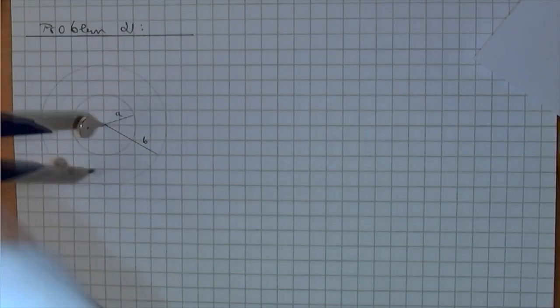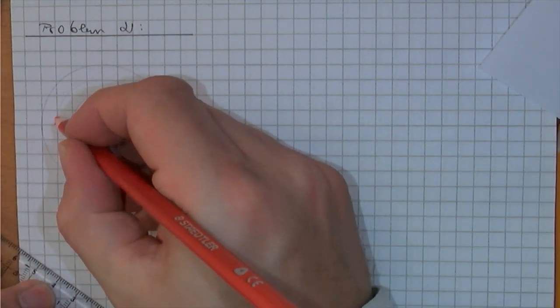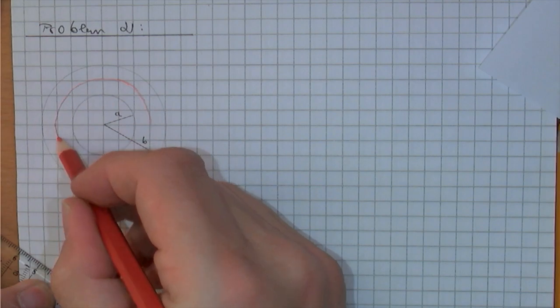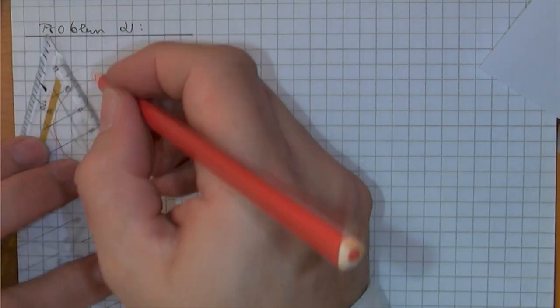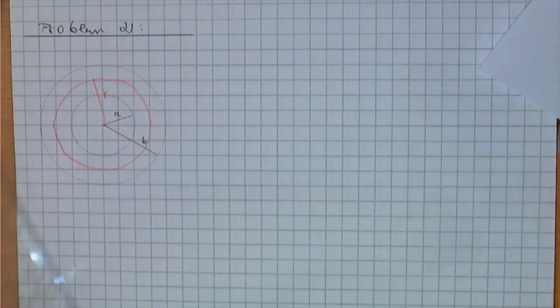Since we have spherical symmetry, we use a sphere as a Gaussian surface, so we just sketch it here in red. That's the Gaussian surface, and we denote its radius generally as R.